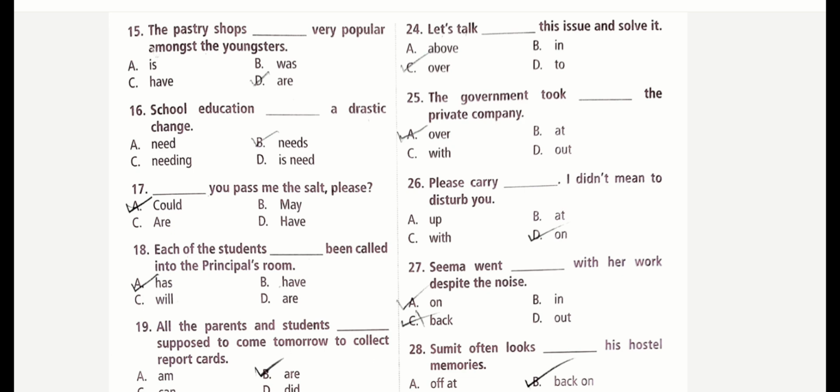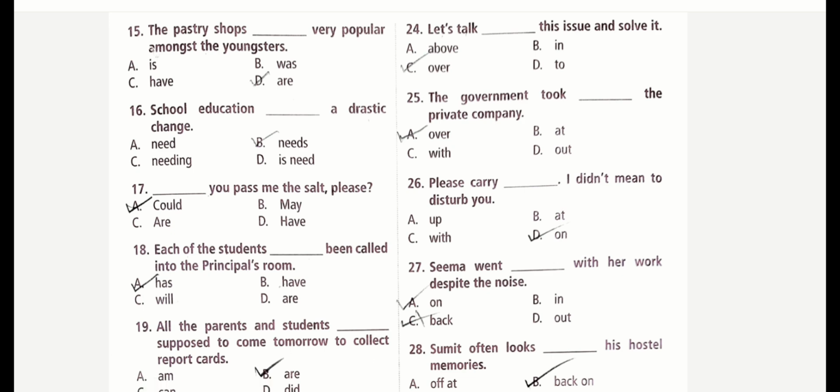Okay, hope this is clear. So we'll look at why. The answer is not have. Have is not the correct answer because the subject, each of the students, is singular. So the correct verb form should be singular as well.